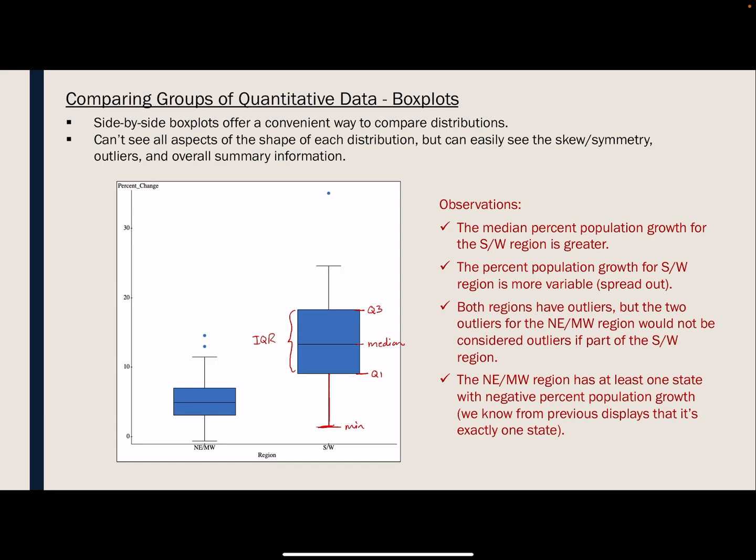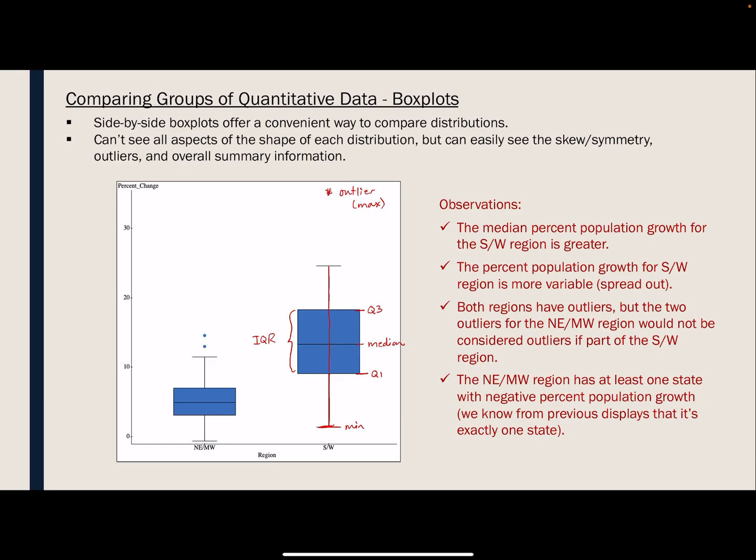Then I have another 25% of the data between Q1 and the median, another 25% between the median and Q3, and then another 25% between Q3 and the maximum. But the maximum happens to be an outlier. So this is an outlier, which also happens to be the max.